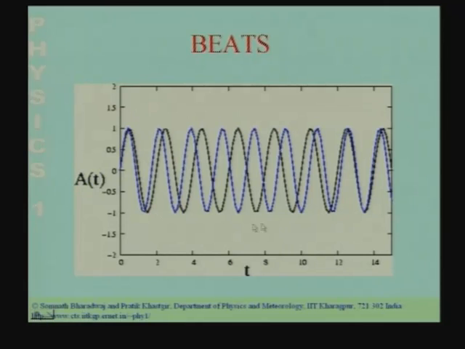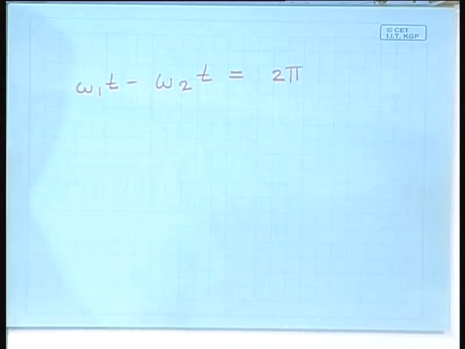Whether the two waves add up or cancel out is changing slowly, much slower than the individual oscillations, and it depends on this difference of the two angular frequencies omega 1 and omega 2, and the resultant looks like this.